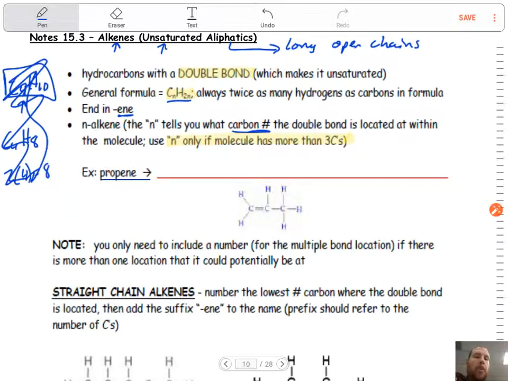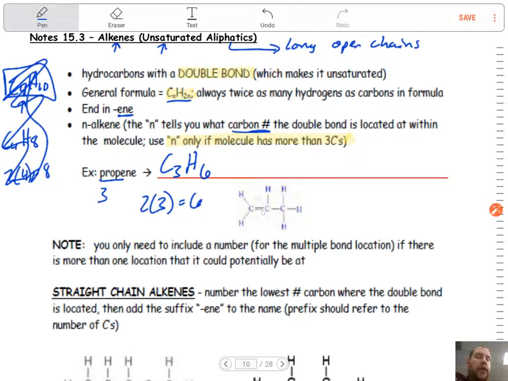So we can see prop, that prefix means 3, so we know it's C3H. Now again, figure it out: 2 times the n value equals 6, so it's C3H6, and that's the structure we have down here. If you count 1, 2, 3 carbons, then there's 1, 2, 3, 4, 5, 6 hydrogens, so it all measures out. Now notice we could flip this around.